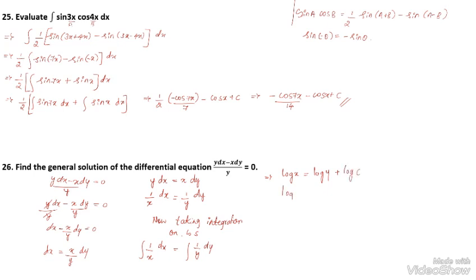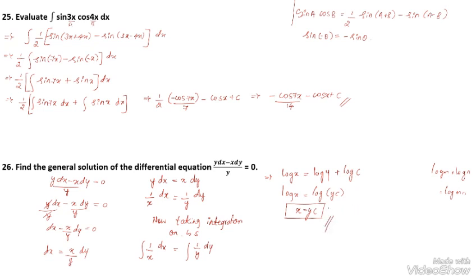Then I can take log x. We know the property of logarithms, that log m plus log n can be written as log of mn. So I can simply write log of yc. Here by the property both logs get cancelled. We have x is equal to yc. This is the general solution of the given differential equation.